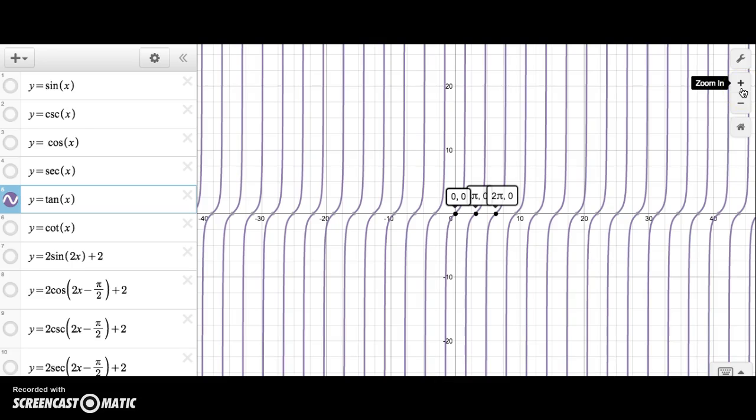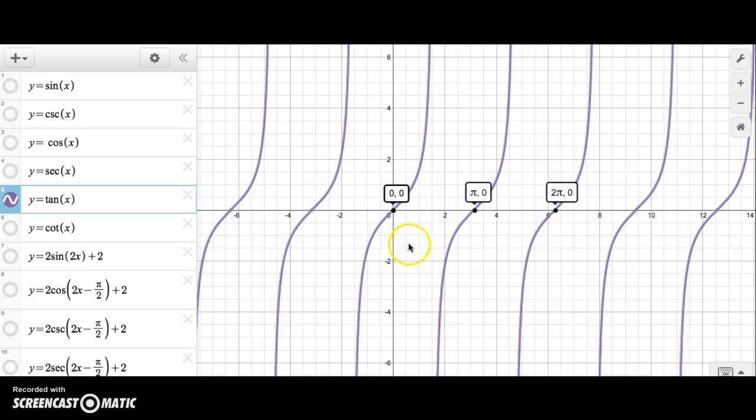As you see, it starts at the bottom, works its way up, curves the other way, and goes up. And so each one does. And that is the result of sine over cosine.